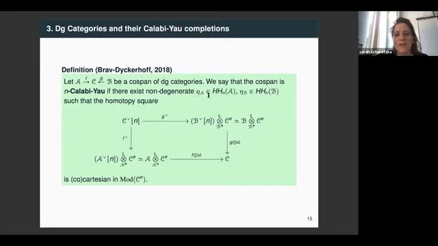So again, on the outside part, we have non-degenerate Calabi-Yau structures, eta A and eta B, that make A and B n Calabi-Yau. And we have a homotopy.